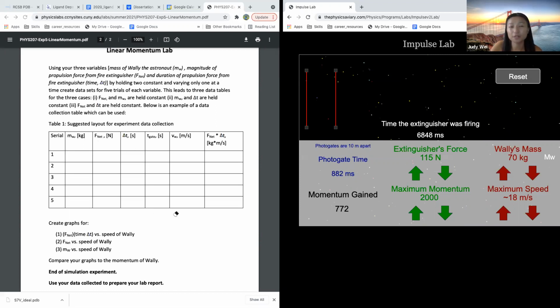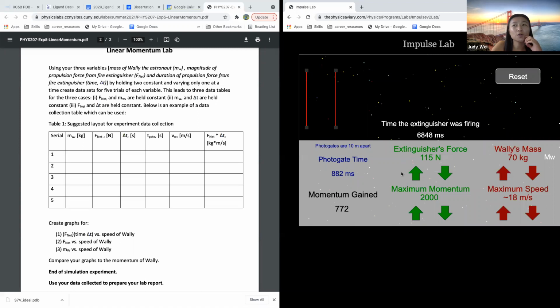So for the second question, we're going to hold M and T constant, and then we vary the extinguisher's force. Basically, we make these two constant and change the extinguisher's force.